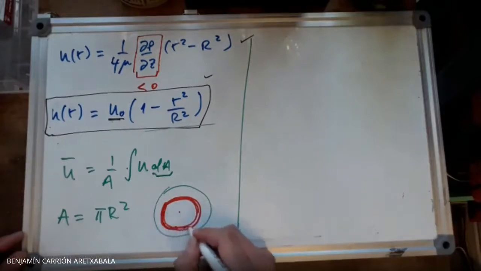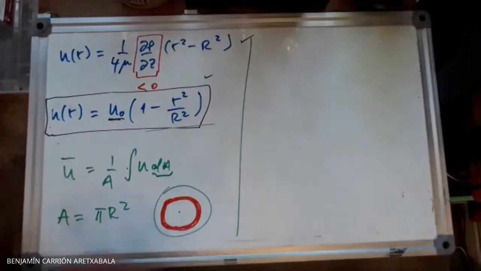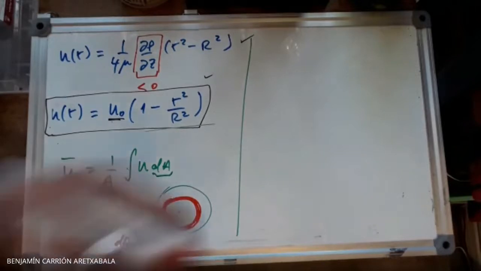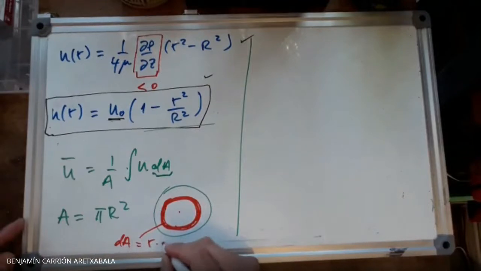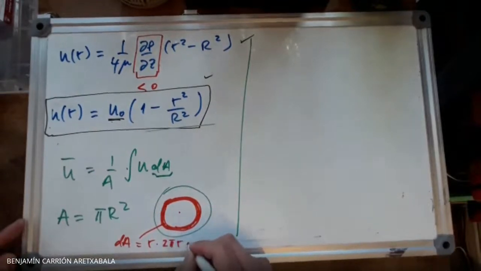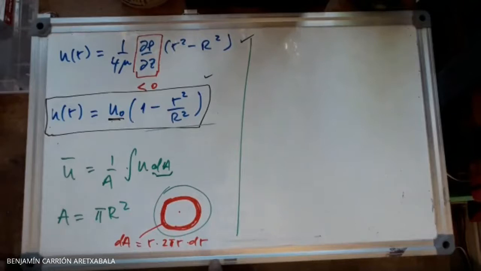This is awful, but try to picture it. This is a delta area in which you have the same velocity. This delta area is r times 2 pi r dr, right? You should be able to see this.